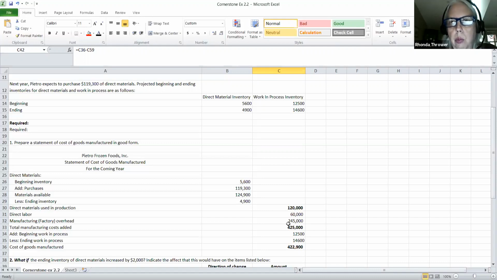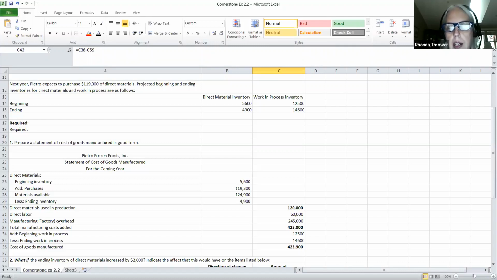Now, there are two types of labor. There's direct labor and there's what we call indirect labor. Indirect labor is the labor that would be associated with people that we're paying that are working in the factory, but they're not working directly on the product itself. Indirect labor will become a part of the factory overhead, which they're calling in this problem manufacturing overhead.